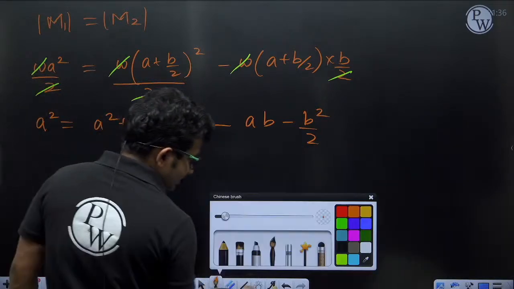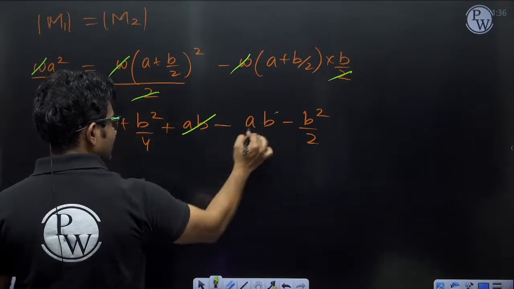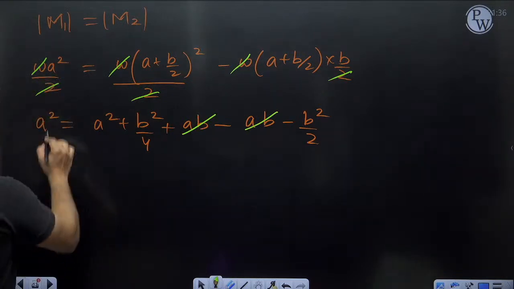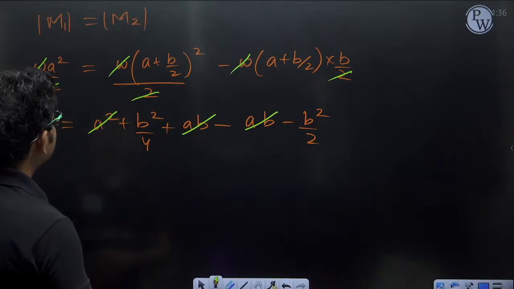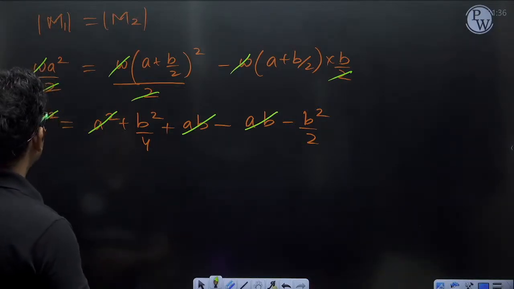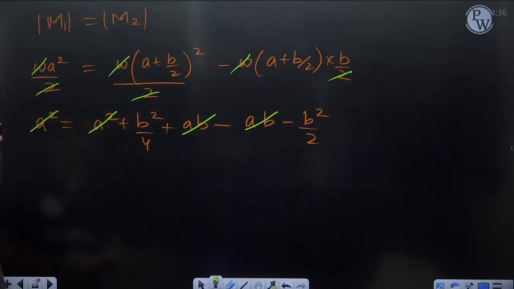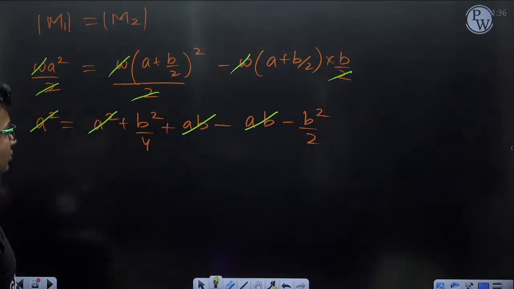Plus ab and minus ab will be cancelled, and a² and a² will be cancelled.